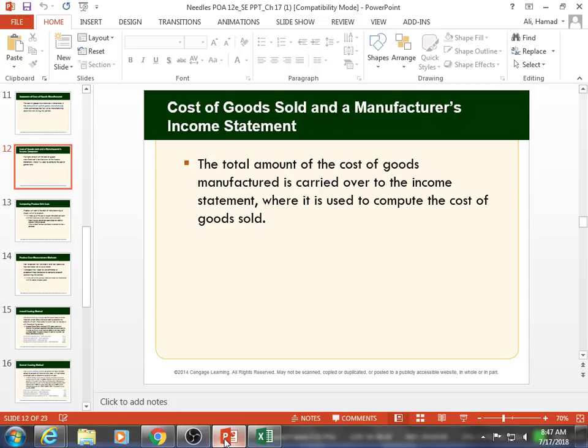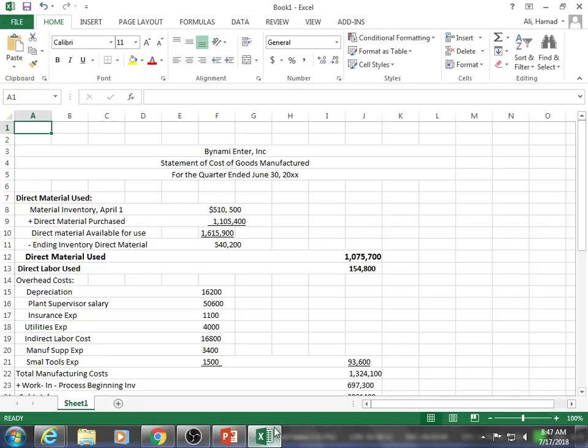So we start a whole new statement. Is it the income statement? No, not income statement. That's cost of goods sold for a manufacturing business. First they had the statement of cost of goods manufactured, then the income statement.